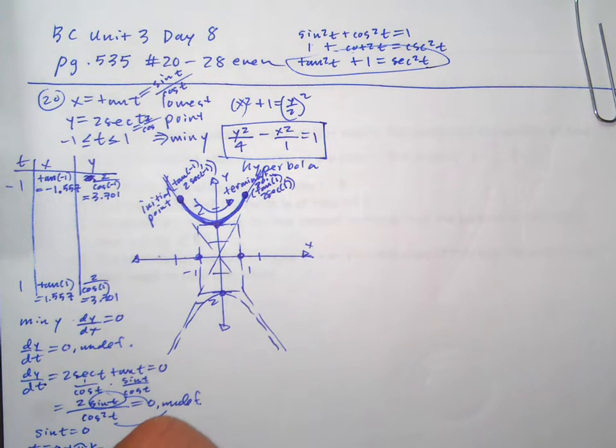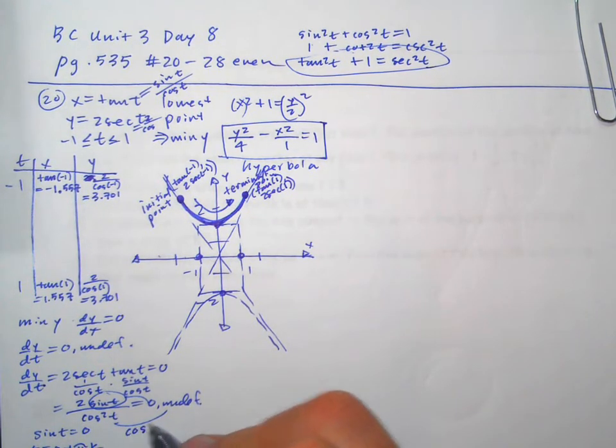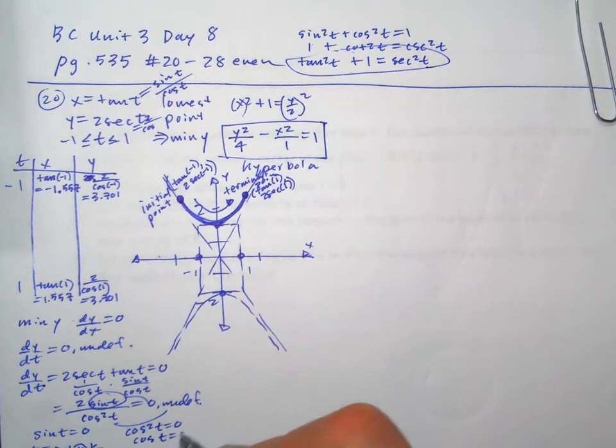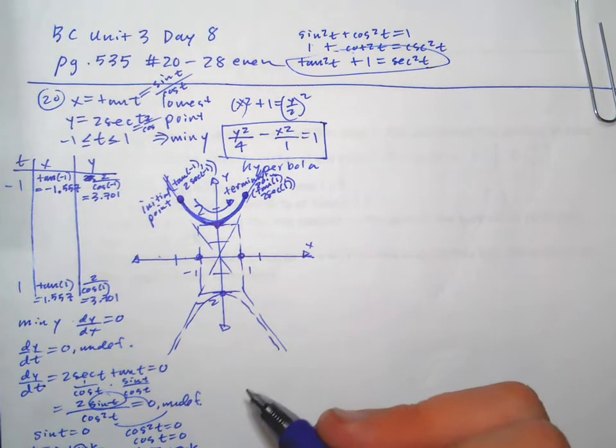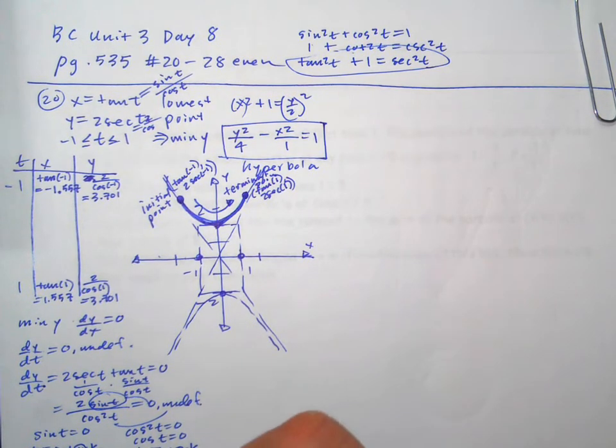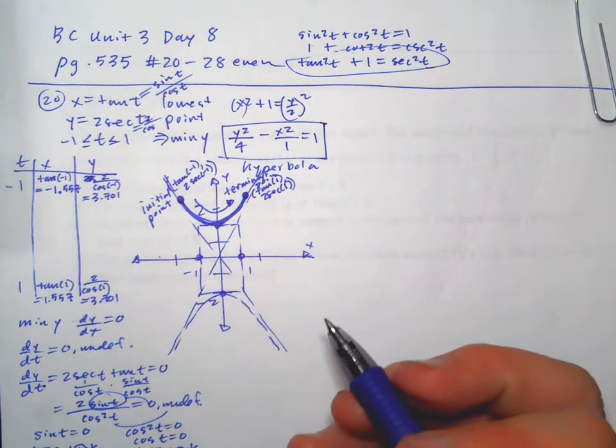So that's your critical point here. We could look at cosine squared equals 0, which is cosine equals 0, which happens at pi over 2 plus pi k. Now pi over 2 is about 1.5, so we get no values here to even consider.